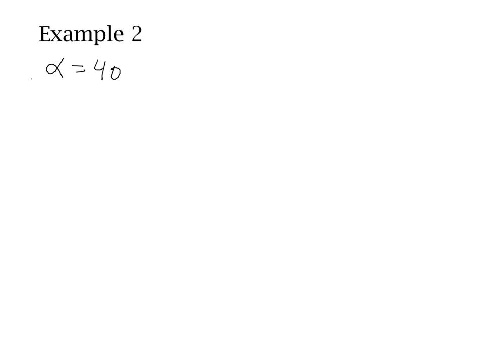Okay, example 2 has alpha equal 40 degrees, beta equals 20 degrees, and B equals 2.